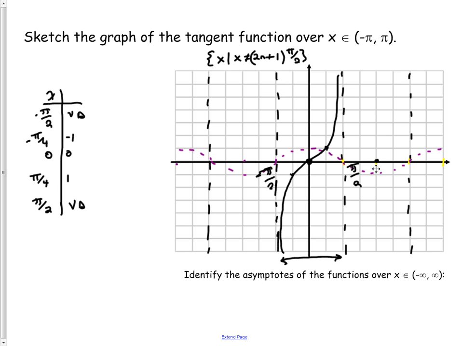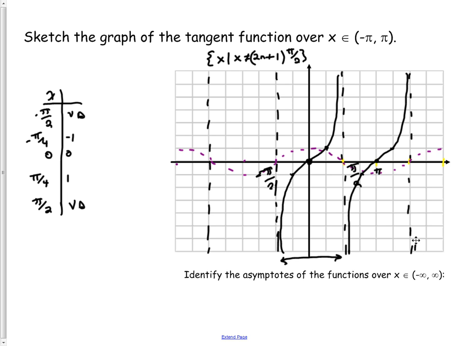For example, we'll pass through the x-axis at pi. Tangent of pi happens to be 0. The graph will pass through points that come along the vertical asymptote at pi over 2, pass through pi, 0, go through our pi over 4 unit, and just head towards that vertical asymptote.